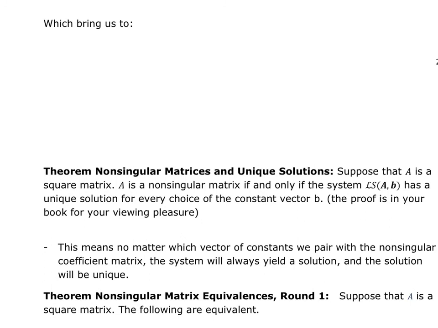The proof, of course, is for your viewing pleasure. What does it mean? It means no matter which vector we use for constants, whether it's homogeneous or non-homogeneous, the constant vector that we pair with the non-singular coefficient matrix will always yield a solution, and that solution will be unique.